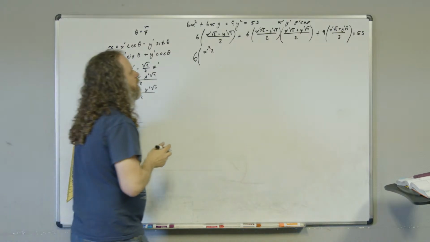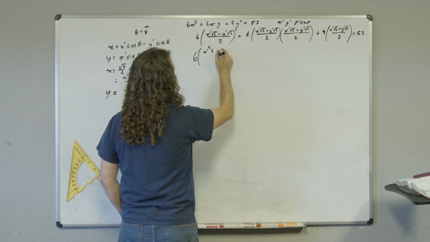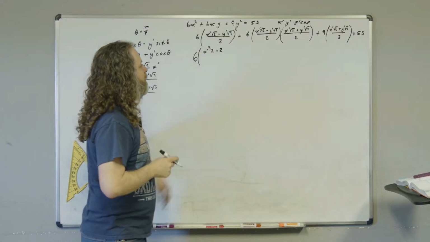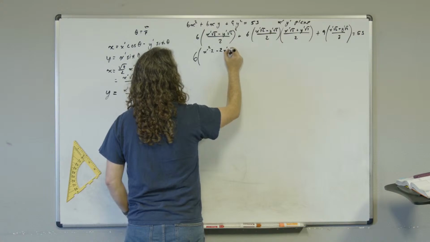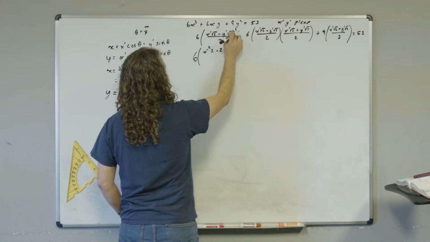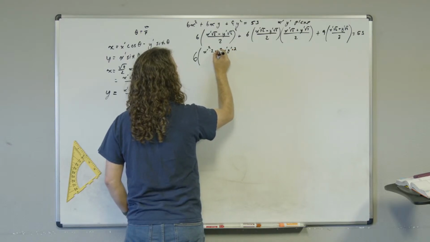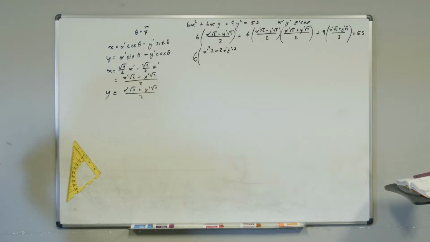And then plus 2 times these multiplied, so minus 2, because negative times a positive, times x prime y prime, and square root of 2 times square root of 2 is 2, so times 2. Let's make my minus more clearly a minus. And then the last one squared.